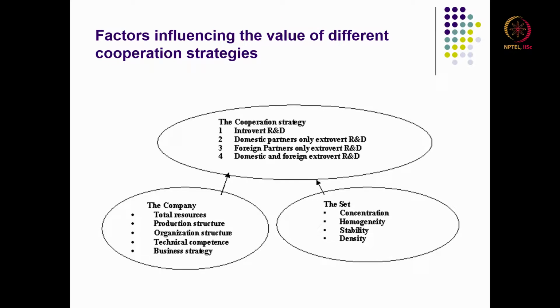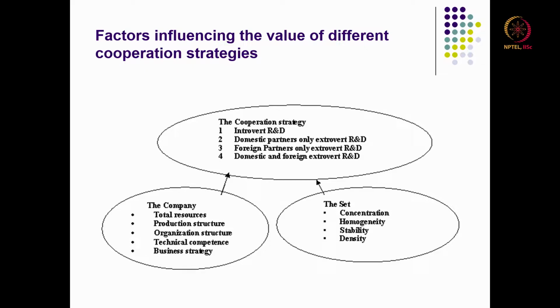A figure is presented to you here with reference to this cooperation strategy. 1, 2, 3, 4 are the points which we mentioned: introvert R&D, domestic partners only extrovert R&D, foreign partners only extrovert R&D, then domestic and foreign extrovert R&D.